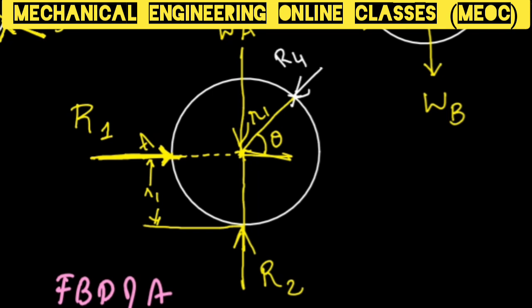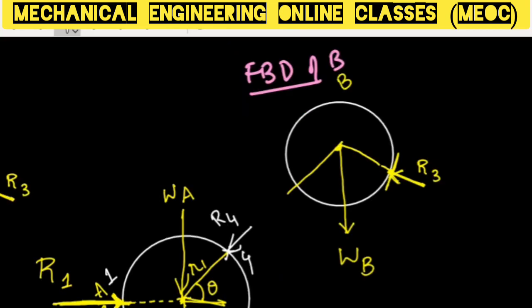So we have removed every support. The vertical wall is removed, the horizontal floor is removed, and the cylinder is also removed. Cylinder A is in touch with cylinder B and the wall at these three places, locations 1, 2 and 4. So this is the FBD of A. Similarly, B was in touch with the surroundings at two locations.